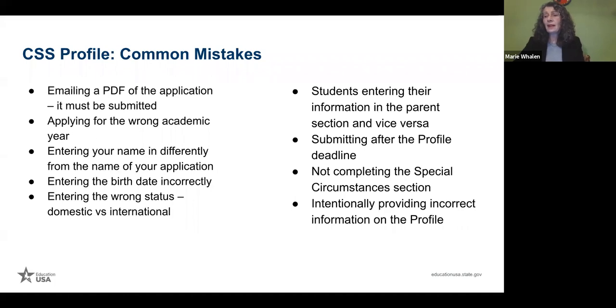Now, if you or your family has a special circumstance that is impacting you financially at the time you're applying, but which isn't really apparent anywhere else on the profile, this is a section where you can explain that, and you should really take advantage of that.